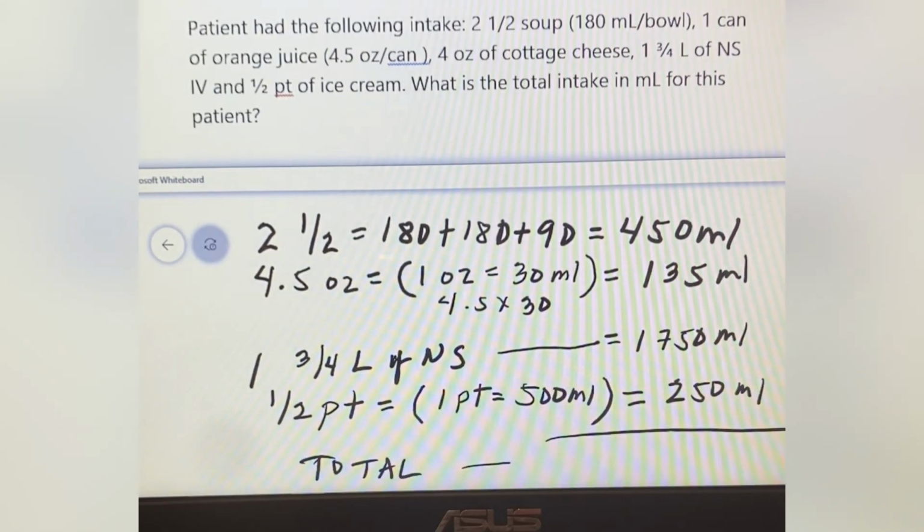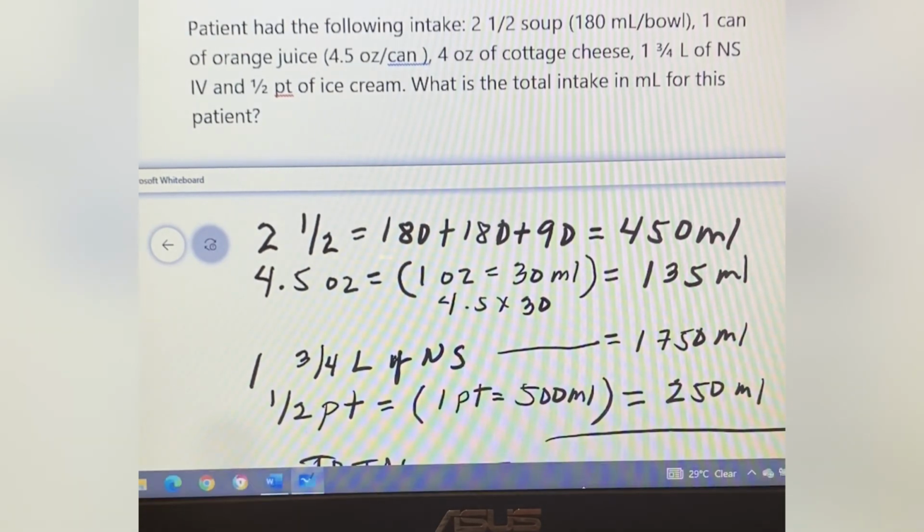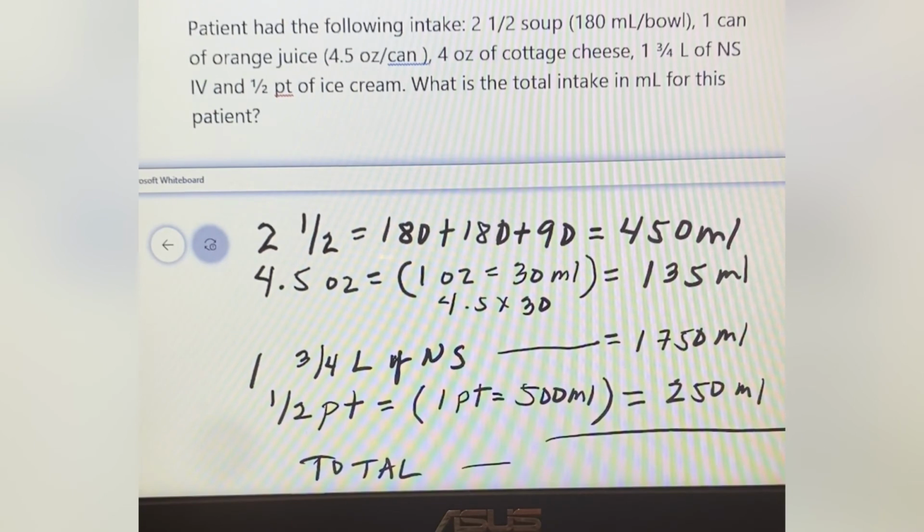Total fluids intake is 450 plus 135 plus 1,750 plus 250 is equal to 2,585 ml. Total fluids intake.